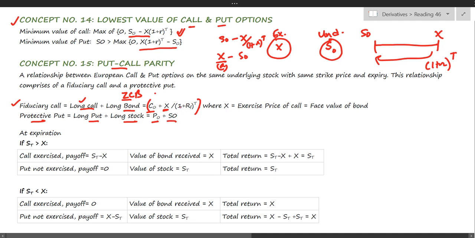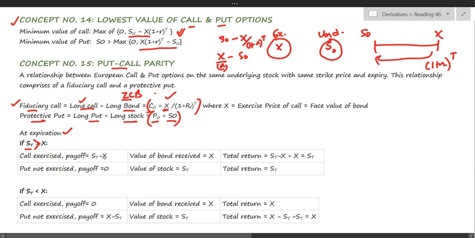Now, what is the importance of fiduciary call and protective put is that the payoffs given by this side of the equation will always be equal to the payoffs given by this side of this equation. Okay, and that is proved here that at expiration, if the spot price is more than the exercise price, in that case the call will be exercised, right?